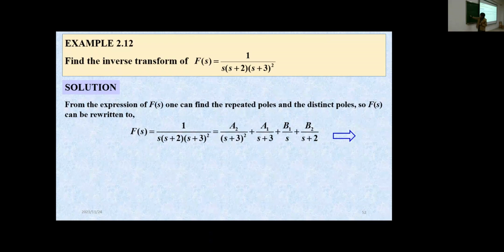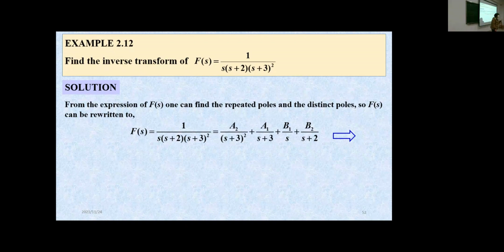So what do you get? You should get equations from the order of s cubed, s squared, s, and the constant. We have four unknown constants and we have four equations. Can we solve them together?